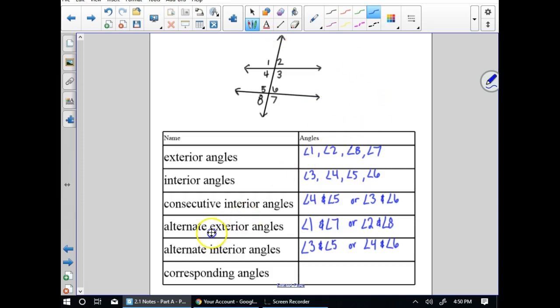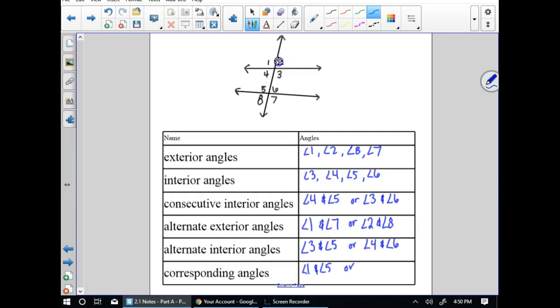The last type of angle that we have is a set of corresponding angles. Corresponding angles are in the same location. If you think of these 4 angles right here and these 4 angles right here as separate groups, the top left angle for both of these groups is 1 and 5. Those are corresponding angles.